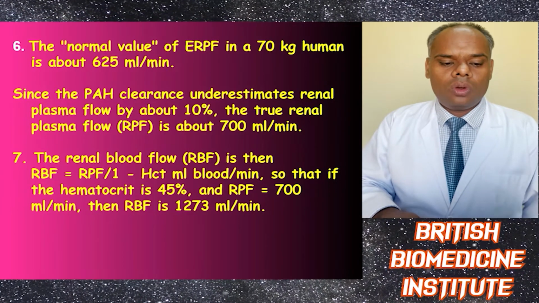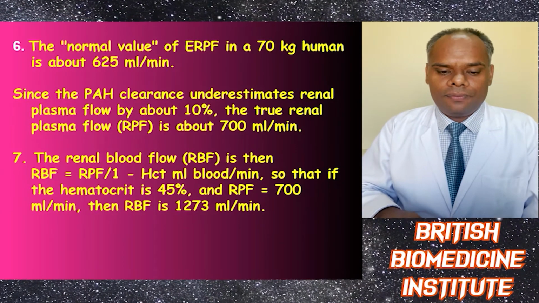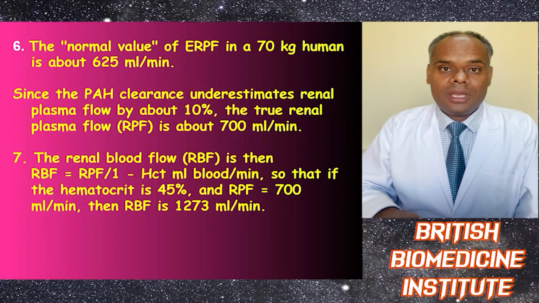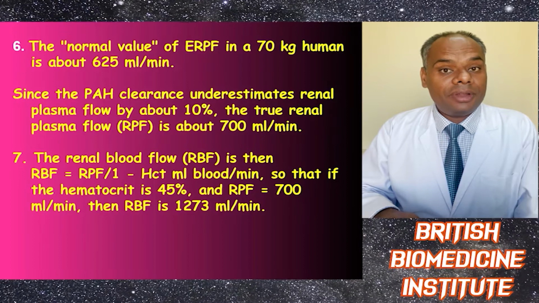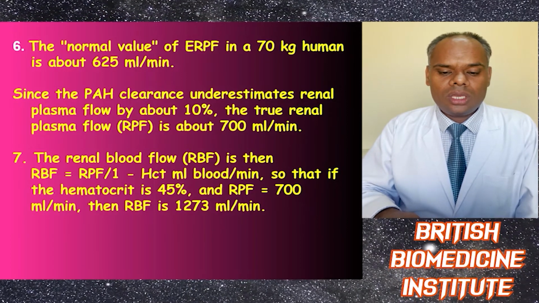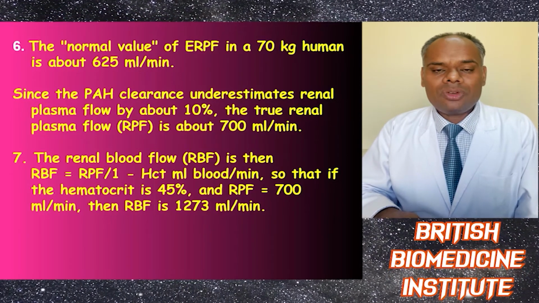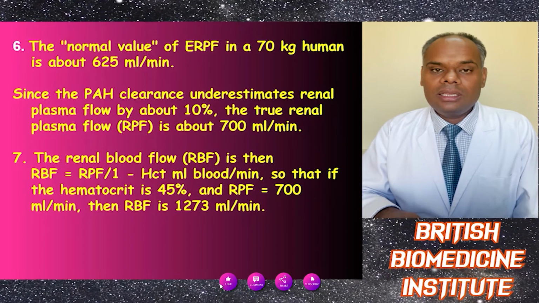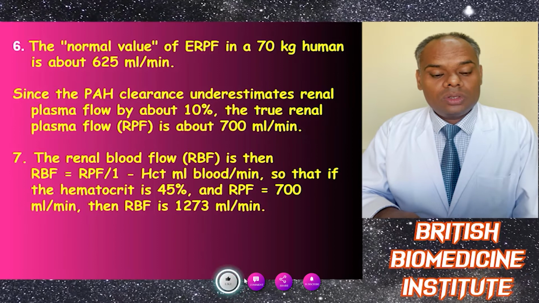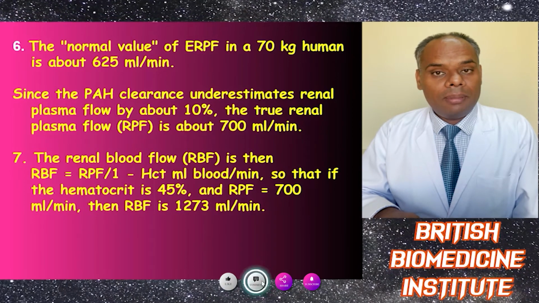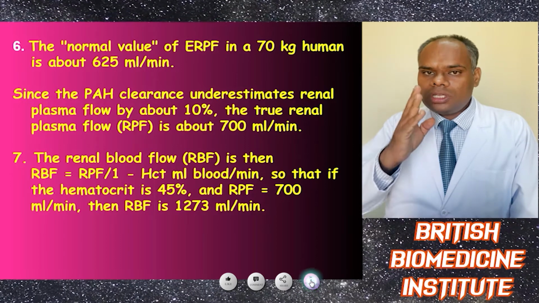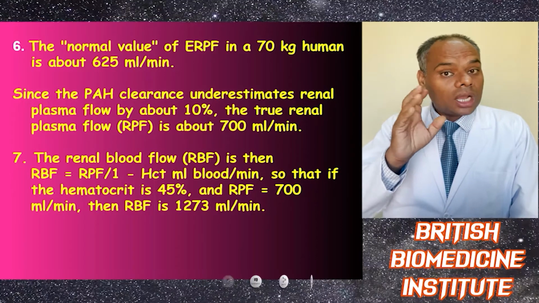The renal blood flow RBF equals RPF divided by 1 minus hematocrit. So if the hematocrit is 45% and RPF is 700 ml per minute, then the RBF will be 1273 ml per minute. This is about 20 to 25% of cardiac output.